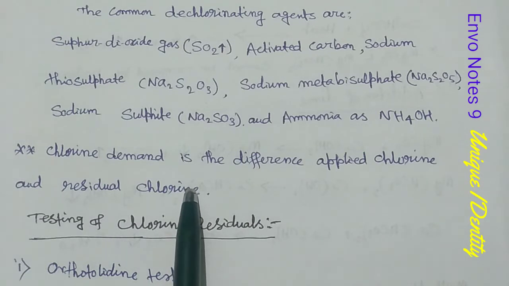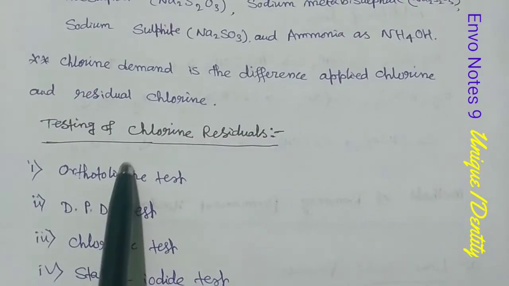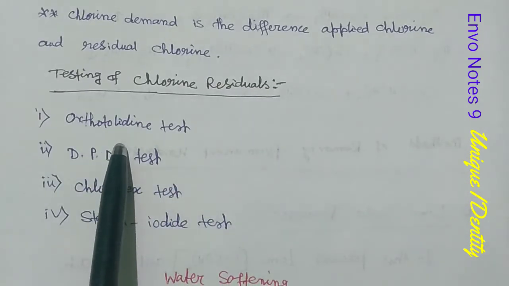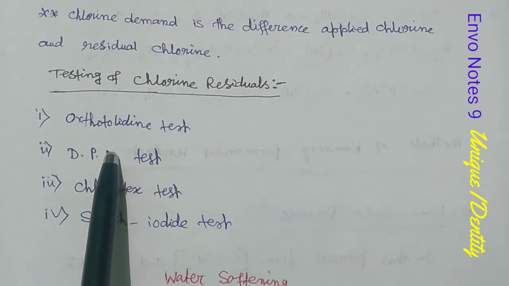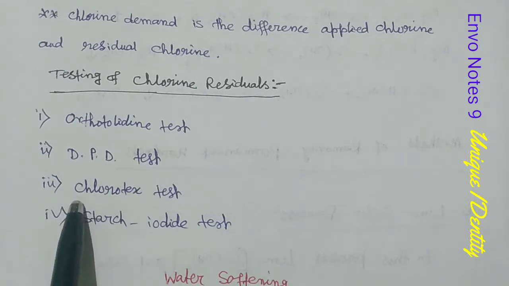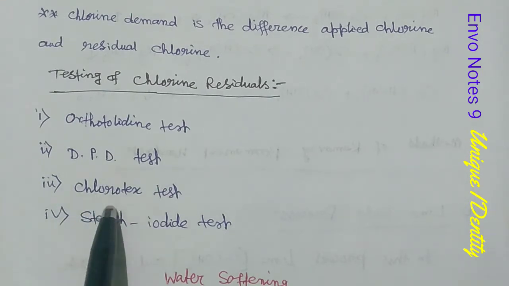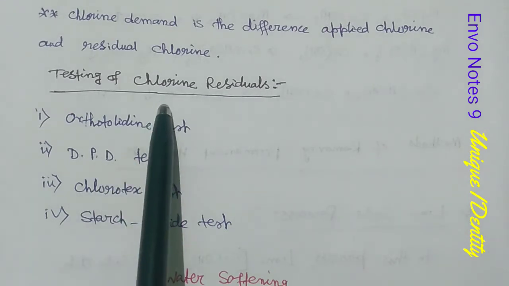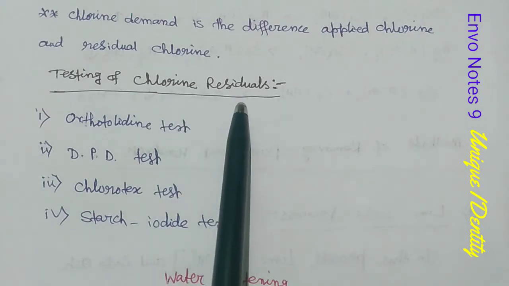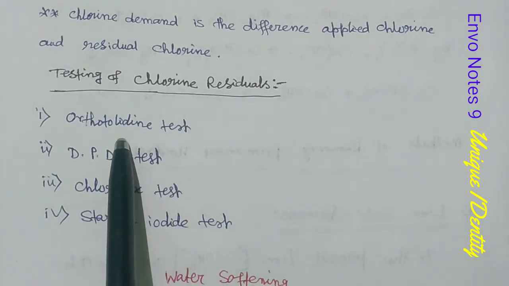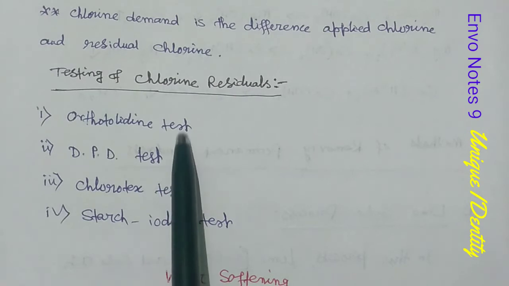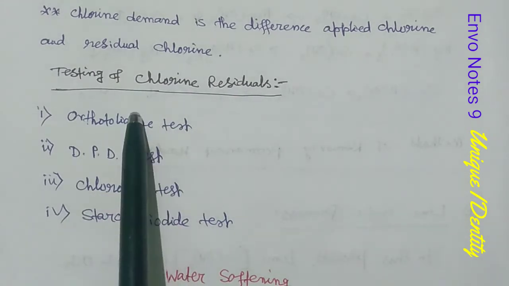Now, I have mentioned only the testing of chlorine residual. The names have been mentioned here because a detailed description is not at all required for competitive exams. You just need to identify which tests are performed for testing of chlorine residuals. That is why I am only mentioning the names, not discussing in detail.